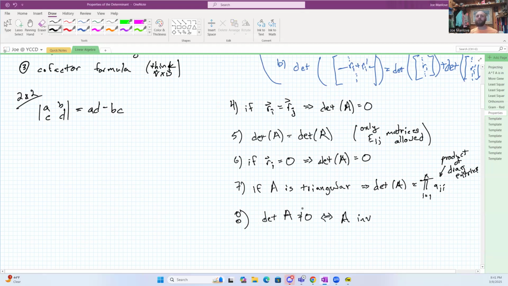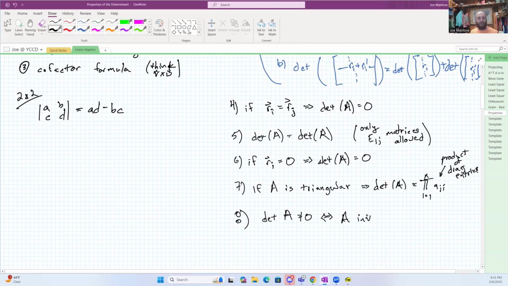And looking at these guys, I can kind of see that four put together with maybe three, like this thing about if the rows are equal, I'm going to get a determinant of zero, putting that together with three is probably going to tell me that linearly dependent rows are going to give me a zero. That's really the case. So if I have linearly dependent rows, I automatically get zero out of my determinant.